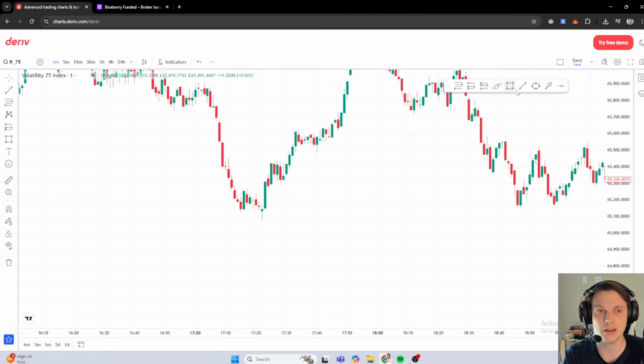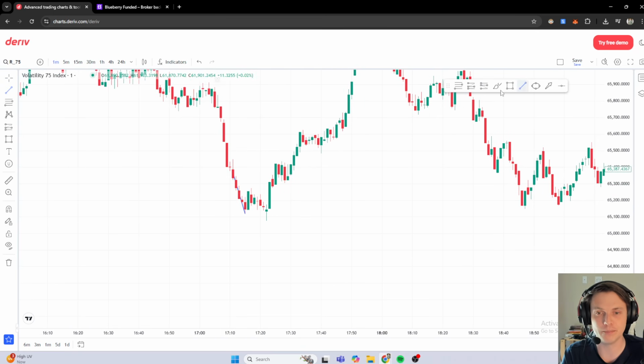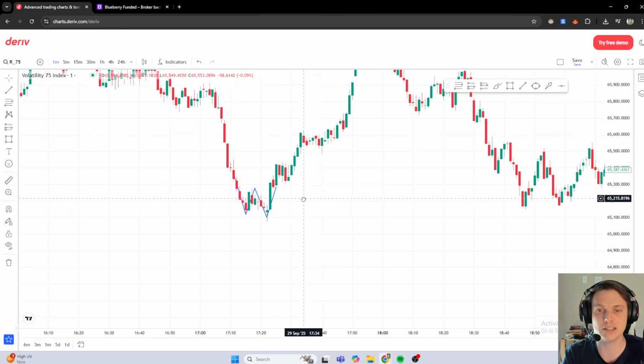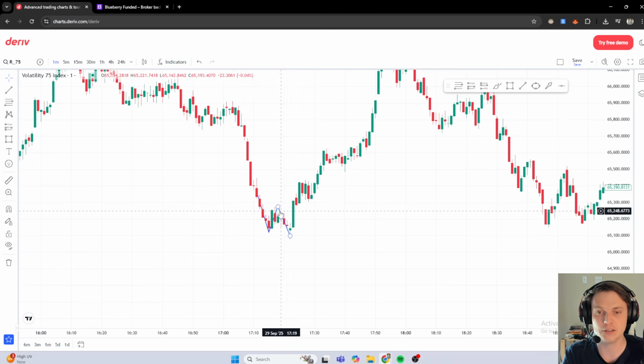Let me quickly show it to you. W pattern or a double bottom. You can now see this pattern over here. Okay. Now the trick is to enter, you will need to wait for the bullish engulfing on the right-hand side of the W. Okay. So you've got your W there.